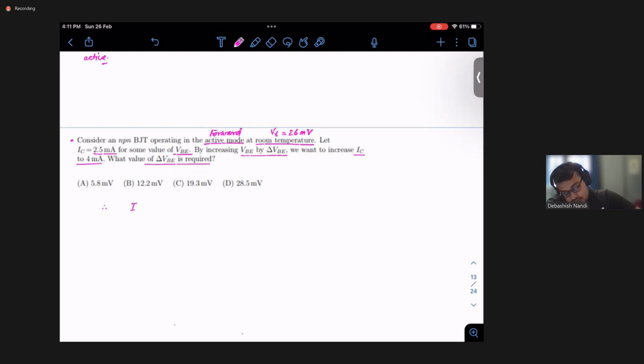Okay, so let me tell you that IC is proportional to exponential VBE by VT. You can find the similarity here, that I am ignoring one term, a small value, because this is much smaller.